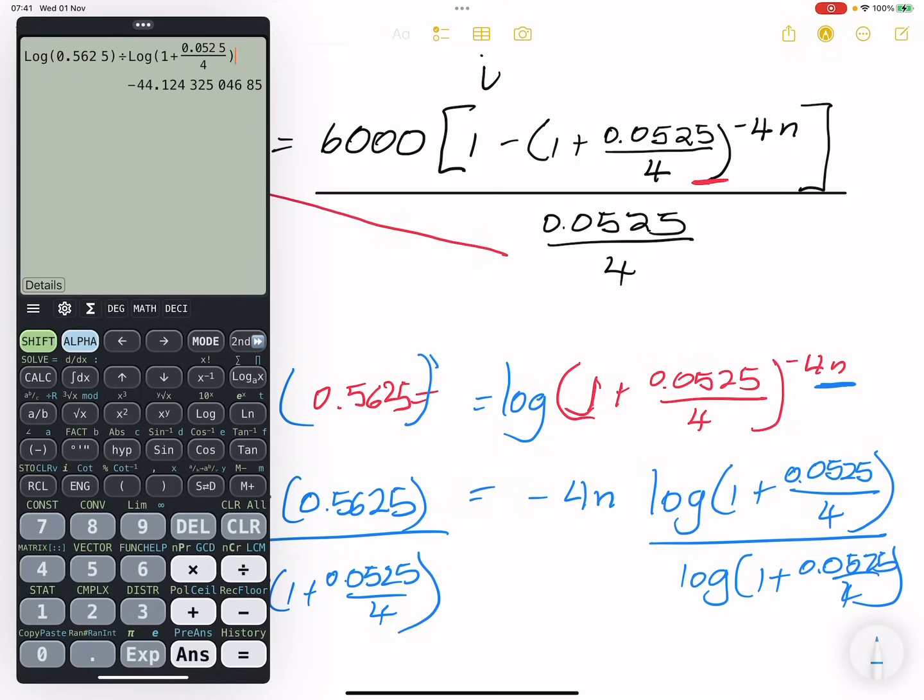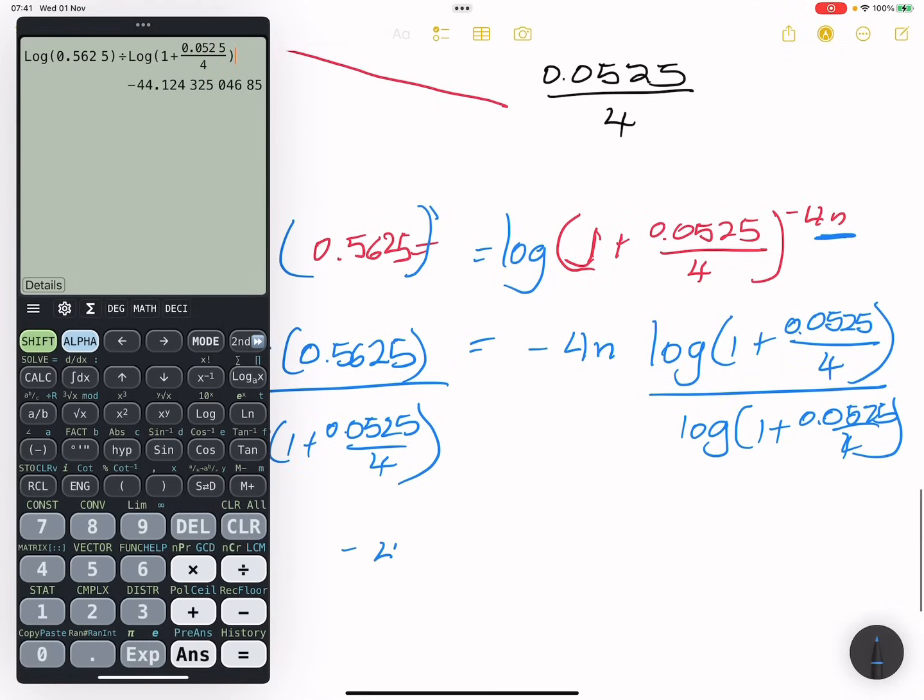I get negative 44.12. And please remember, that means minus 44.12 is equal to negative 4n.